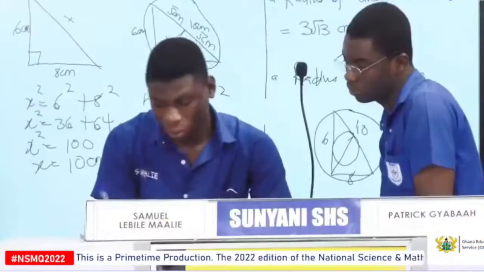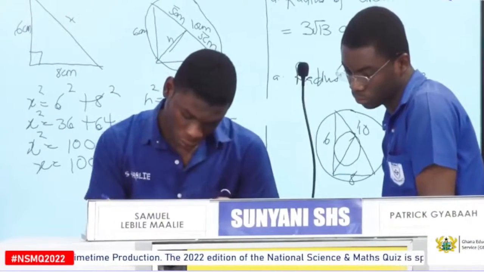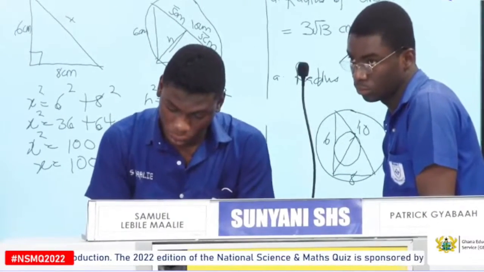And so the square of the diameter will be 6 squared plus 8 squared, which will lead you to get D equals 10 using the Pythagoras theorem. And from that, you can calculate the radius of the circumcircle to be 10 over 2, which will give you 5. You get 1 point for this. You get 1 point for calculating the diameter too. So you get 3 points from there.